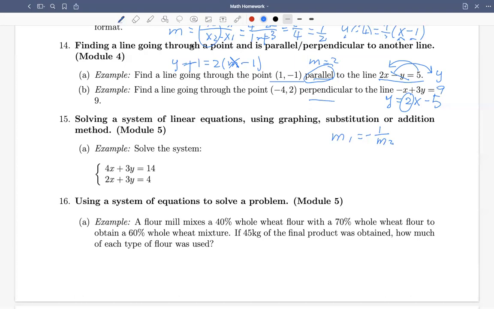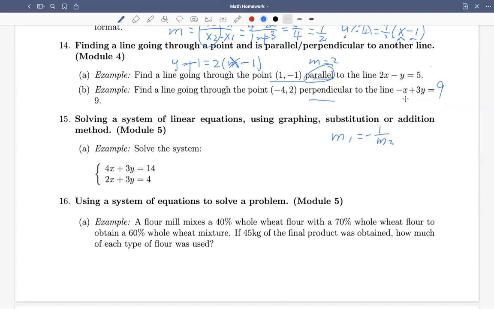Let me erase something so I can have more space. So let's write 9 here, right?